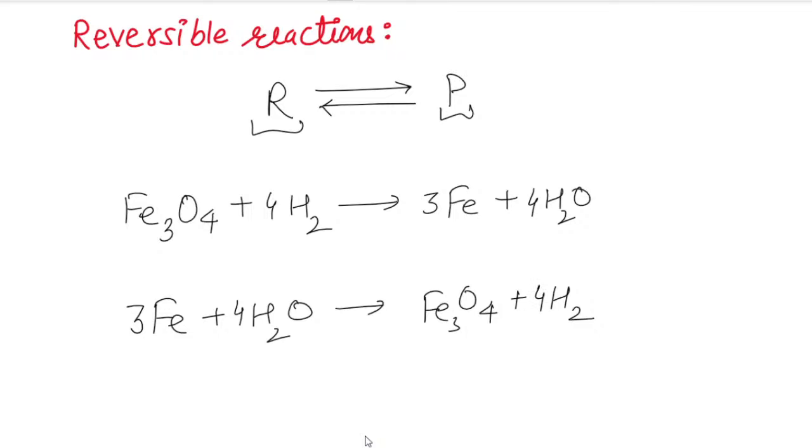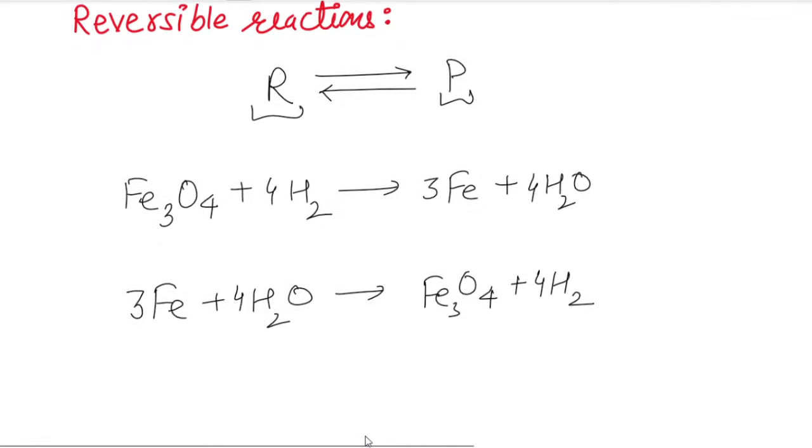If this type of reaction is carried out in a closed vessel, obviously in no case is the reaction completely in one direction, it is not completed. So either of the two reactions can take place independently.